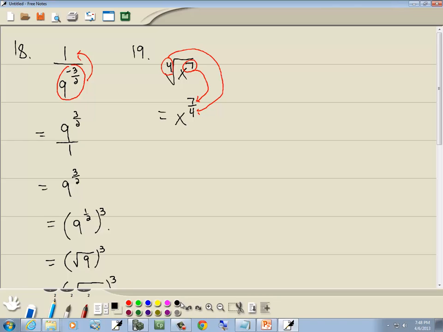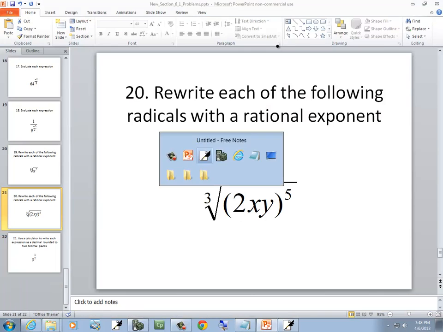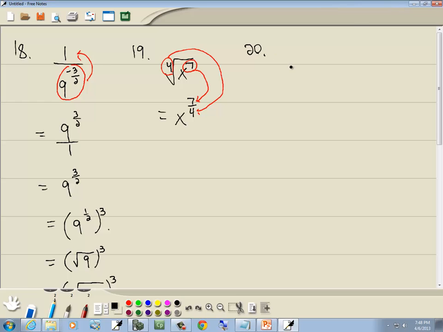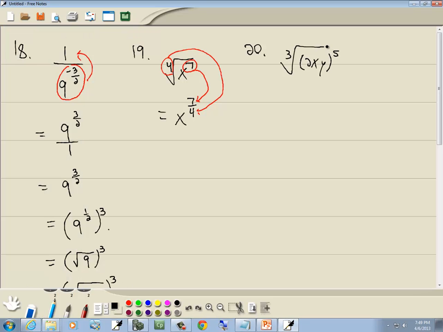So that's our answer. And we got the cube root of 2xy to the 5th power. And again, we'll put this in rational exponent form, fractional power form. So this will become 2xy to the 5/3 power. And that's our answer.